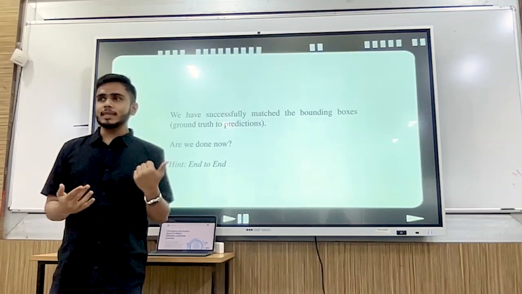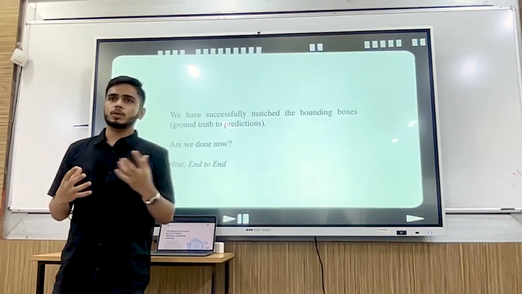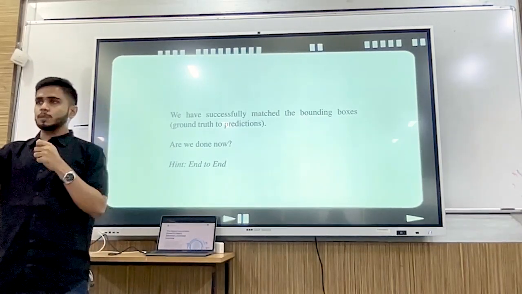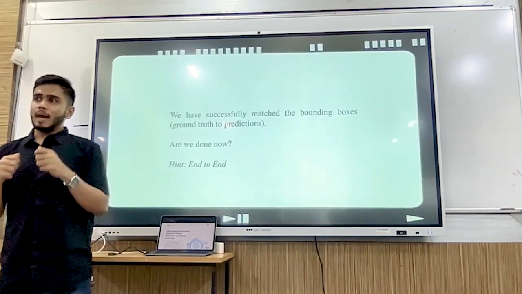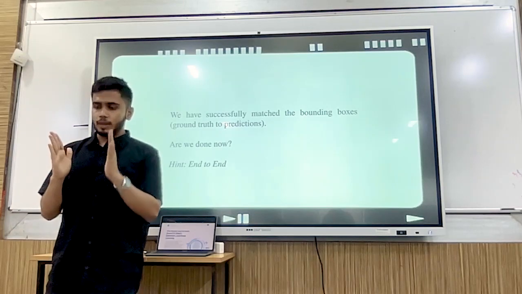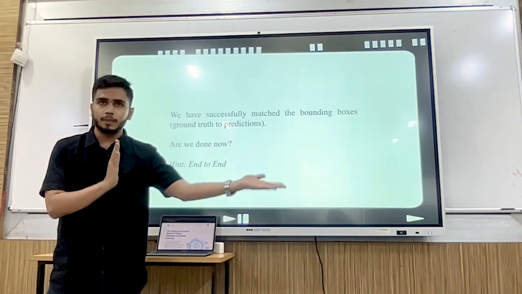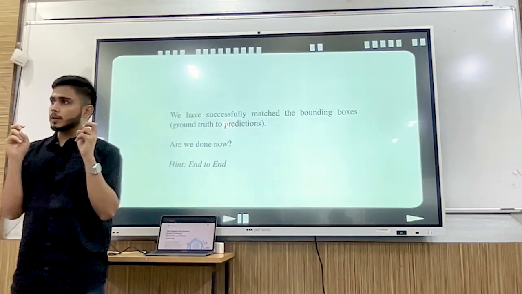But now with DETRs, having an end-to-end problem has its own caveats. It's not only about having a bipartite matching and matching this prediction to that ground truth and everything getting solved. You actually need to match all the predicted labels with the ground truths and also have a loss at the end of the model, like a classification model, for all the losses to backprop properly.